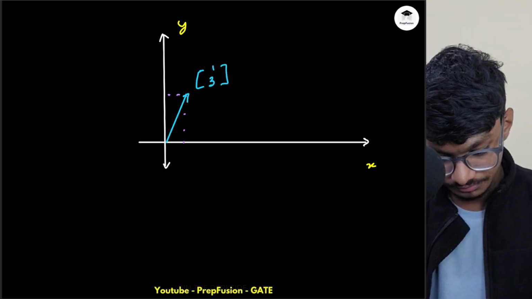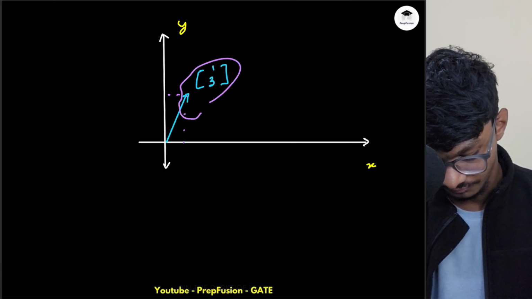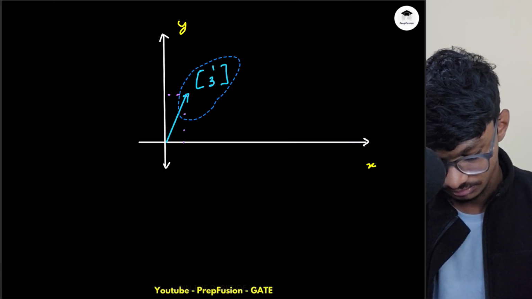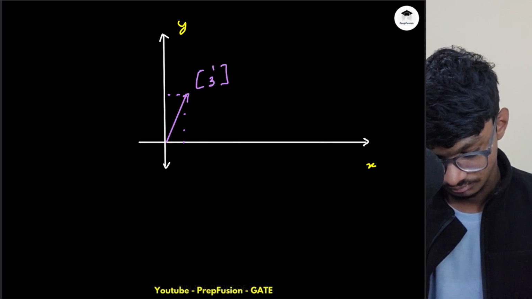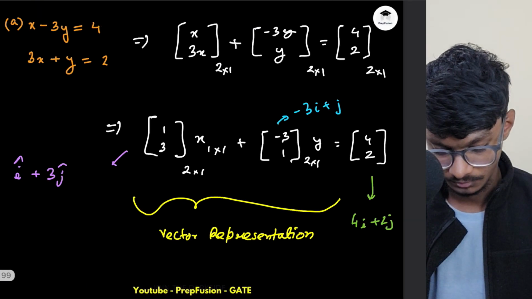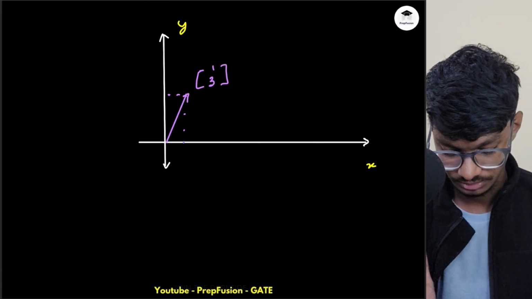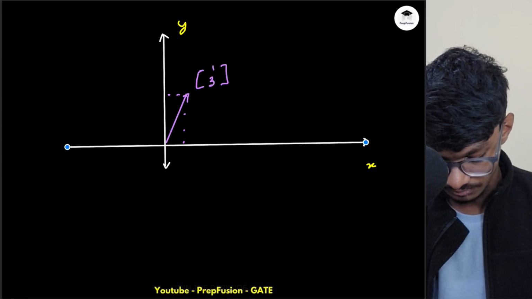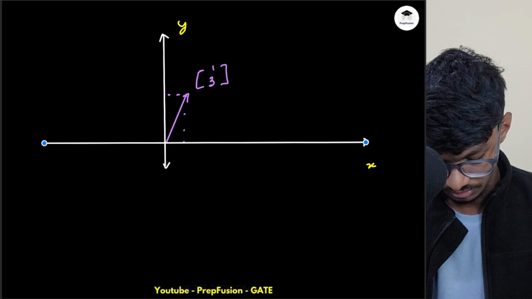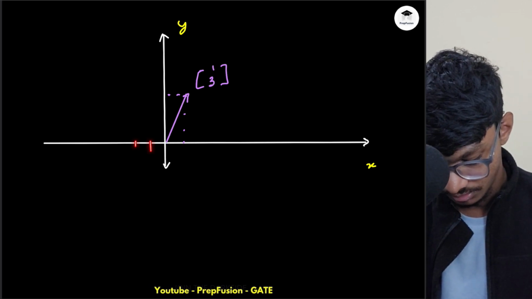So if I plot the second one, okay, let me color this as the violet one. Okay, and then this one has the minus plus, so minus 3 in this negative direction and plus j cap. So this will be something like this, 1, 2, 3.